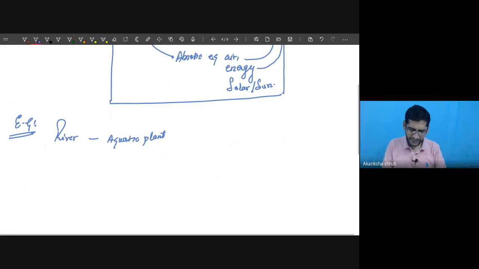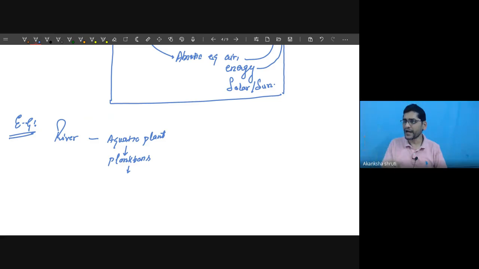This aquatic plant is taken by the smaller fish, or that leads to the formation of planktons.